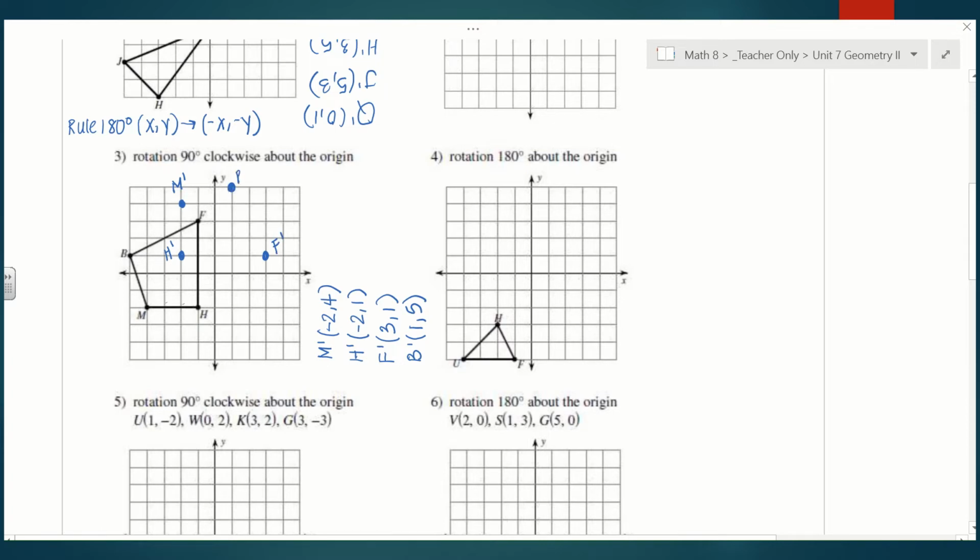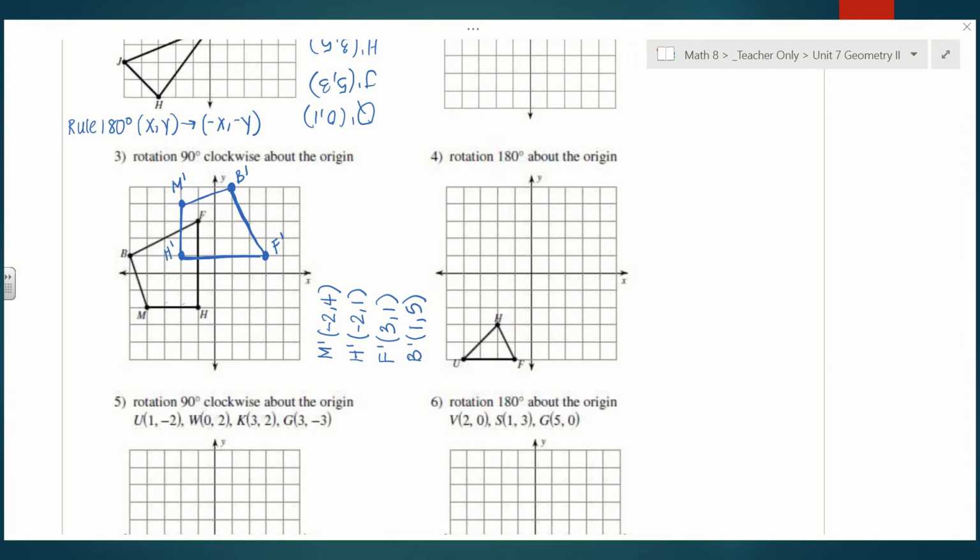And B prime is up here. Okay, so it should look like it's 90 degrees to the right. And you can kind of look at it and say, oh yeah, if I turned that once to the right, that looks like it's correct.